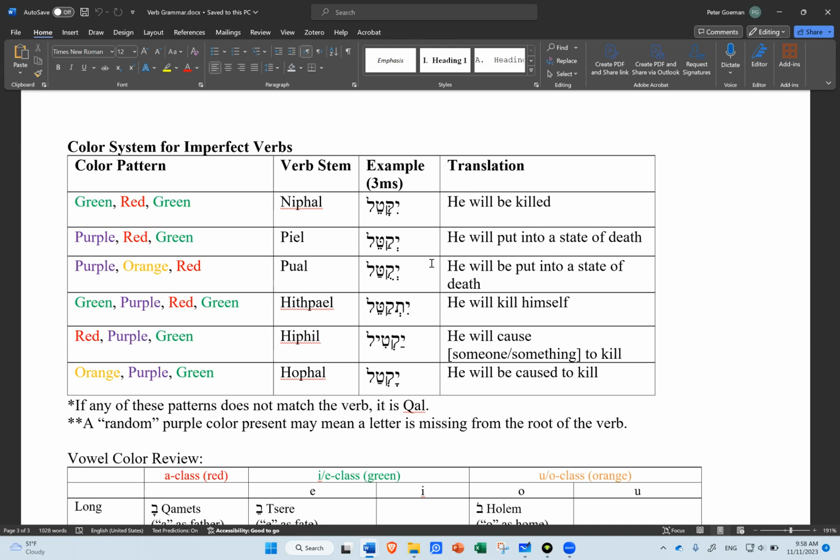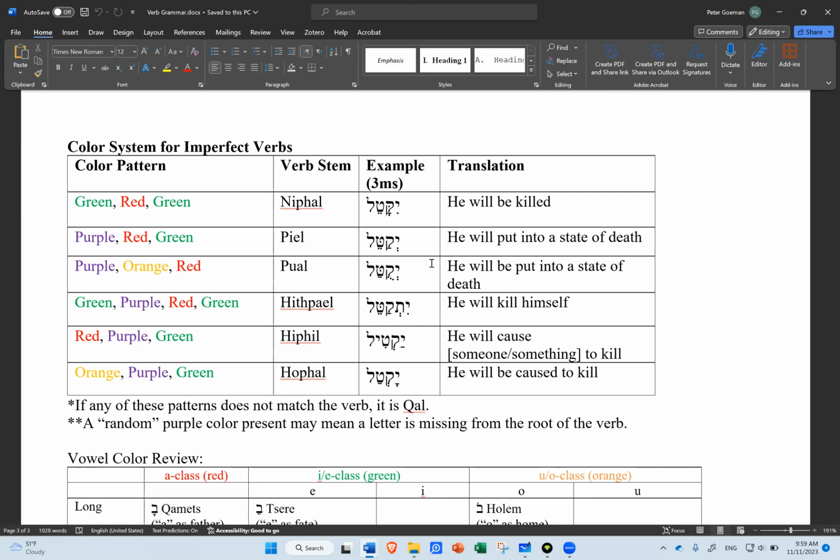And the third color, just by way of review, will occasionally be a purple instead of what would normally be expected, the green color, for the third color. Or in the case of the Hithpael, sometimes the fourth color is a purple color instead of a green color.